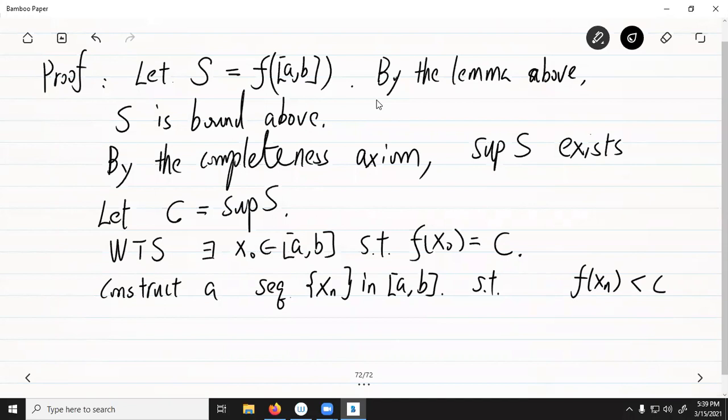Less than C, C is the supremum, of course less than C. But it's greater than C minus 1 over N. We can always have that.